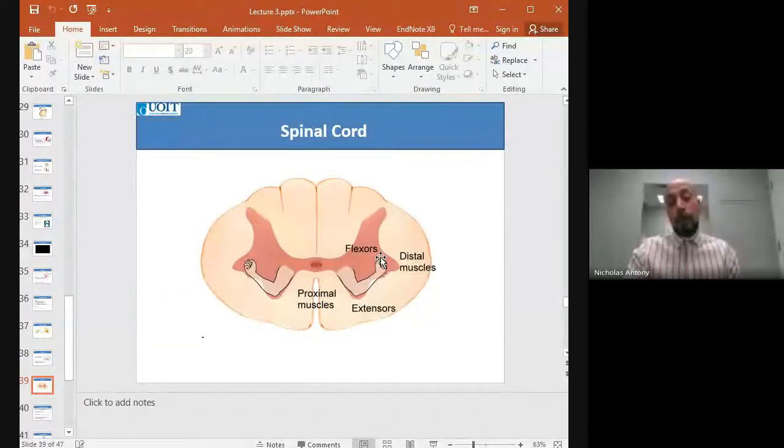There's an order in how the muscles are organized in the anterior root. Flexor muscles are distal, extensor muscles are more anterior, distal, lateral, proximal are medial. No need to know that.